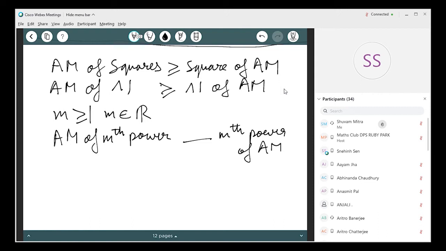We just saw it for squares and 1. So can we guess, I shouldn't say for certain, that the AM of the mth power is greater than or equal to the mth power of the AM if m is greater than or equal to 1?